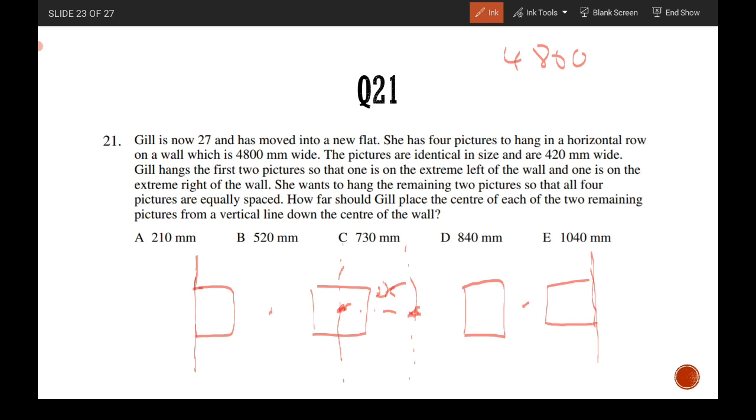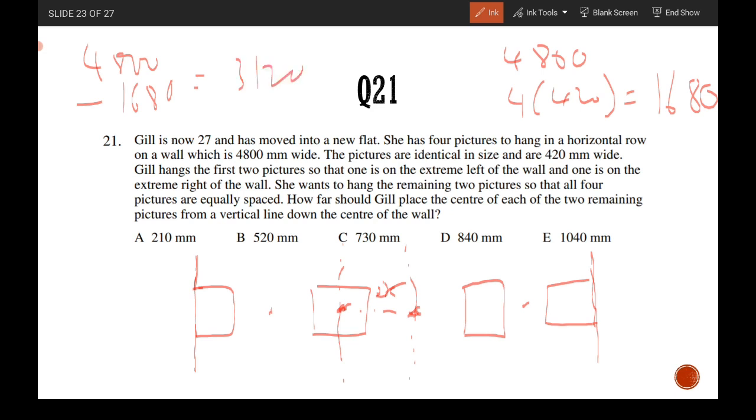First thing I'm going to do is work out the distance of these spacings. So the sum of the 4 pictures is 4 times 420 equals 1680. The spacings are therefore the entire distance, 4,800, minus that number, 1680, which equals 3120. There are 3 spacings, as you can see. So if we divide that by 3, we get 1040.